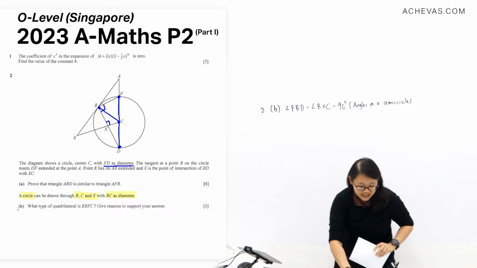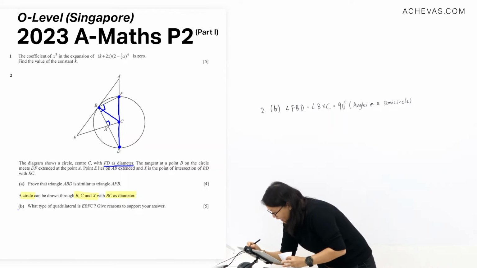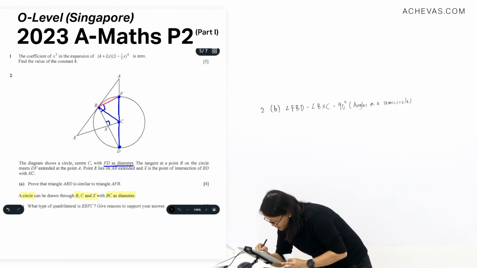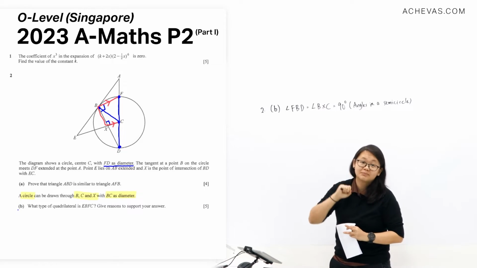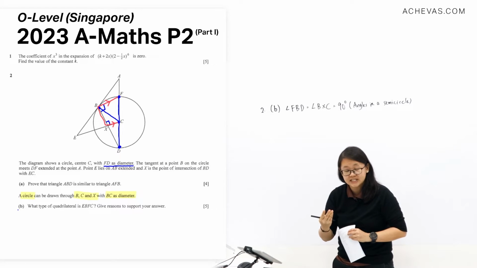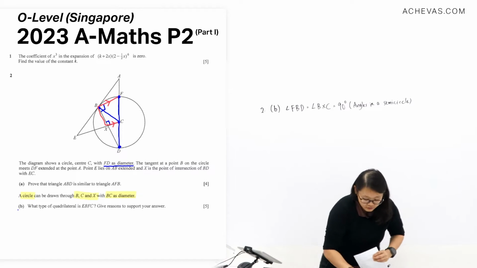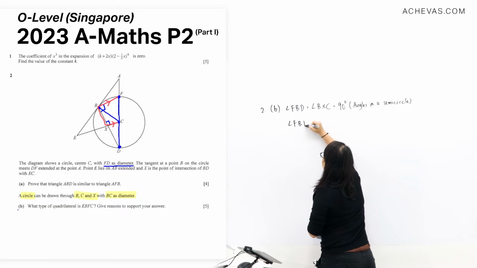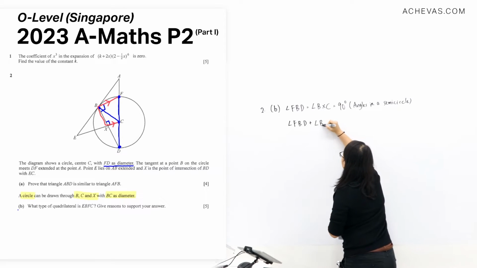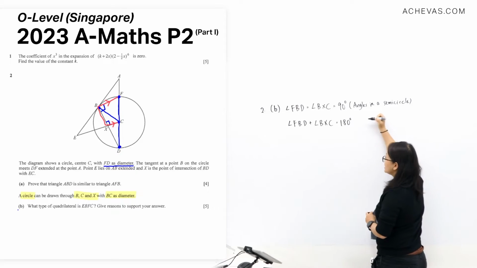Now next, let's discuss the 90 and the 90. If you can see, I am going to draw a C shape here. So I know that these two have to be parallel because 90 plus 90 is going to give us 180. That will give us co-interior angles. So I'm going to write down the second piece of information. Angle FBD plus angle BXC will be equal to 180 degrees.